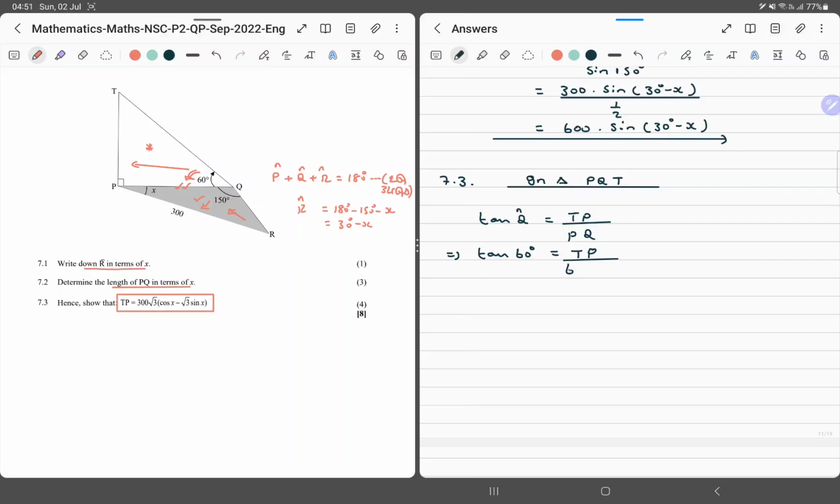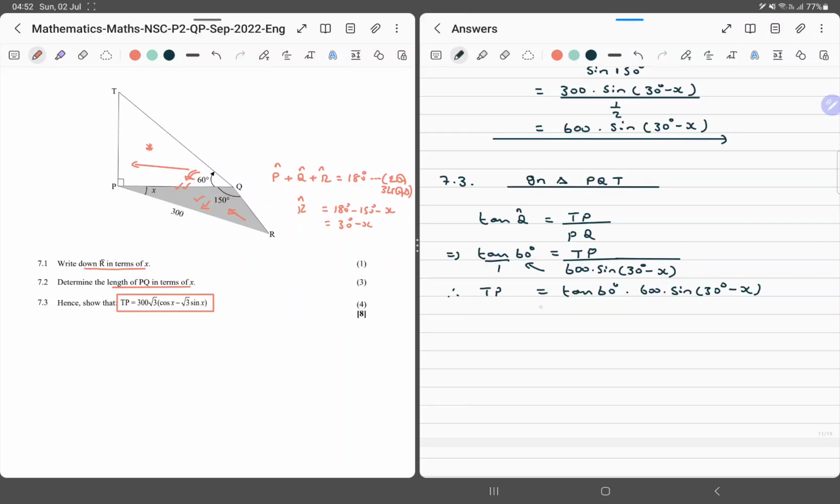Now PQ is this business here, 600 times sine of 30 degrees minus x. Okay, great. So that is over 1. So we can cross multiply that there. So we can say therefore TP is going to be tan of 60 degrees times 600 times sine of 30 degrees minus x.